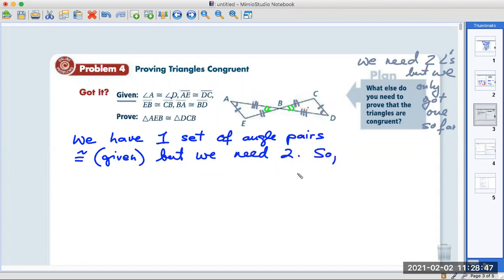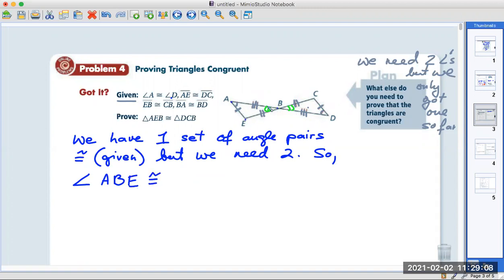So I'm coming up with another angle. I cannot call it angle B because it would be ambiguous. It would not show clearly which angle B I'm talking about. So I'm going to call it angle ABE is congruent.